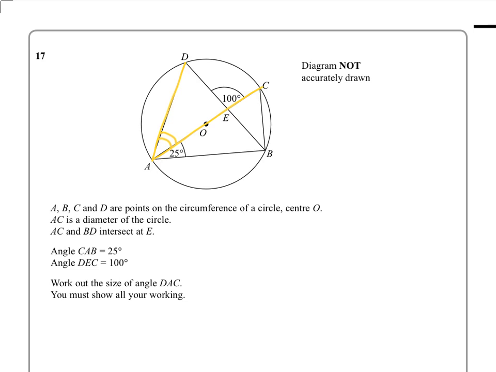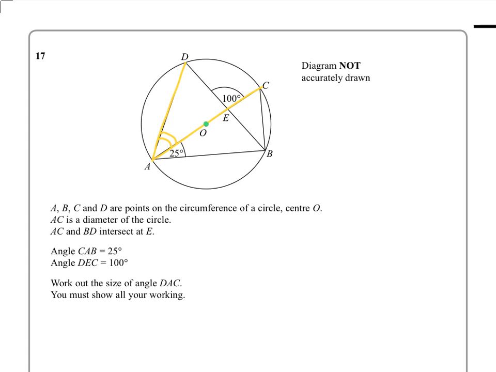Well, what I suggest you do is look carefully at what you do know and try and use some of the facts that you can actually work out using some logic. There will obviously be some circle theorems coming into play here, but let's have a look at the diagram carefully.